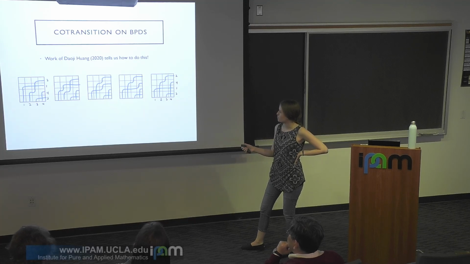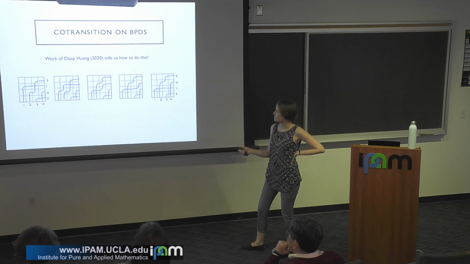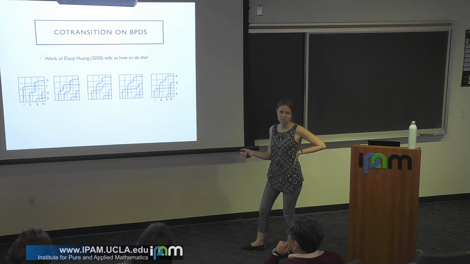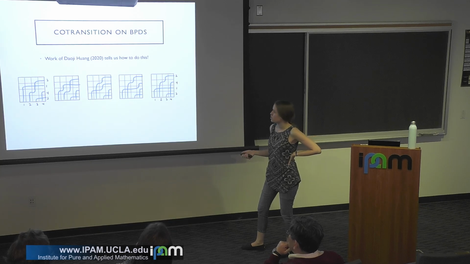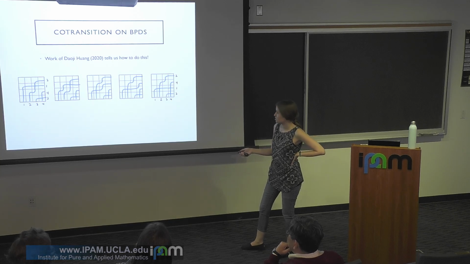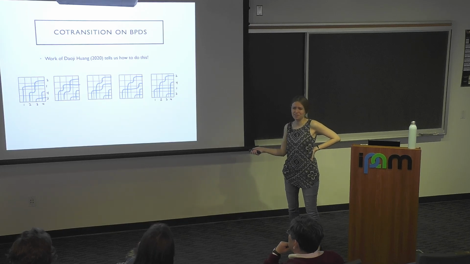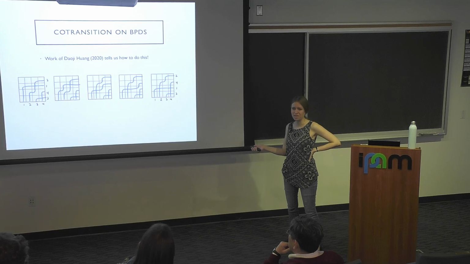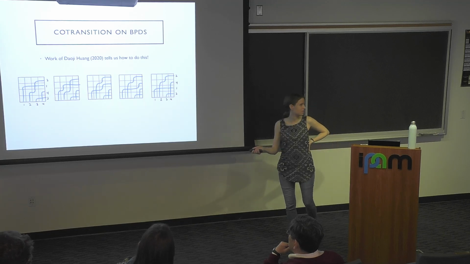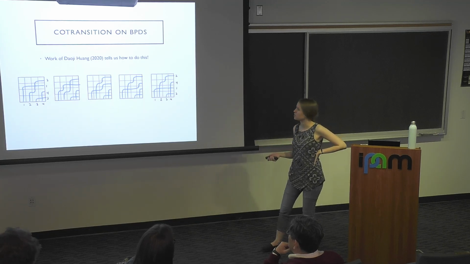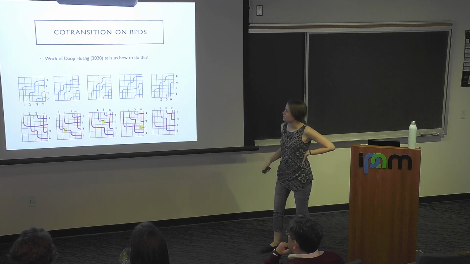And now this bumpless pipe dream has the property that it has exactly one more box in column 1 than it started with. And so this insertion procedure is compatible with the canonical bijection because that's what the canonical bijection does. Anything that respects multiplication gives us the same bijection, basically.